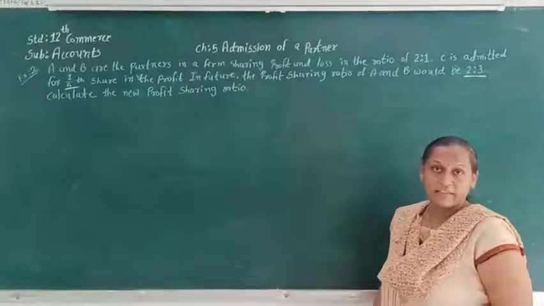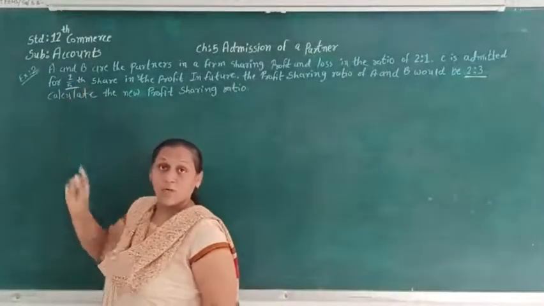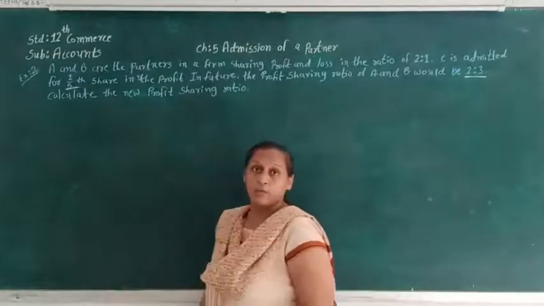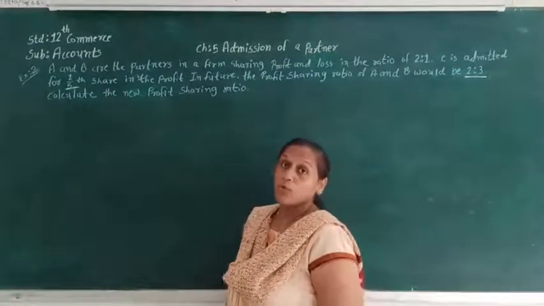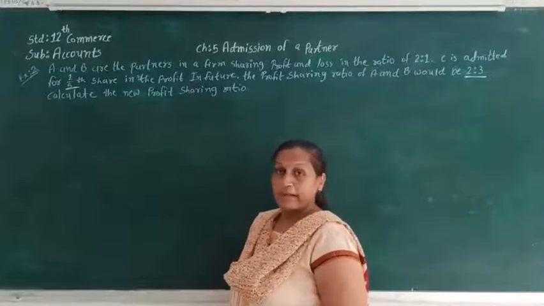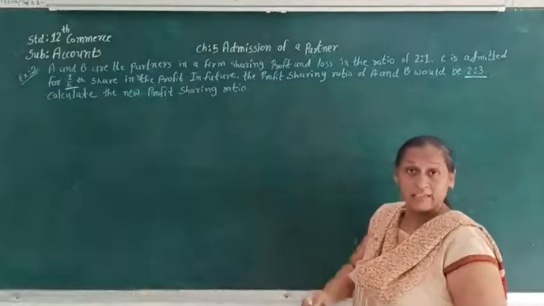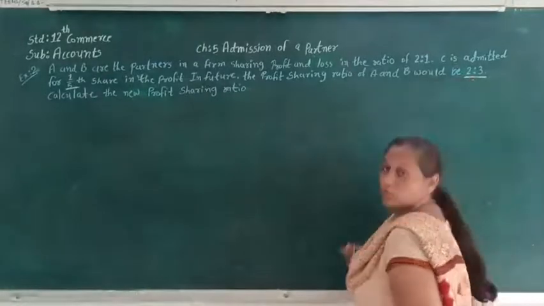Calculate the new profit sharing ratio. Here again, C is taking a 1/5 share of total profit. So first we are going to find out the remaining share for the old partners, and afterwards we have to continue that share in the ratio of 2:3.